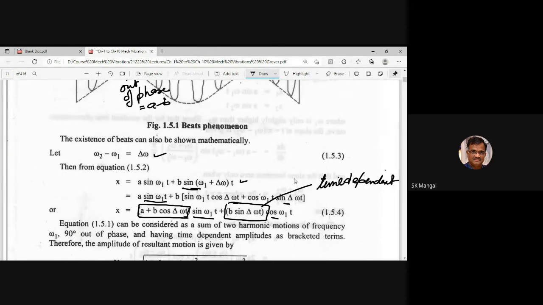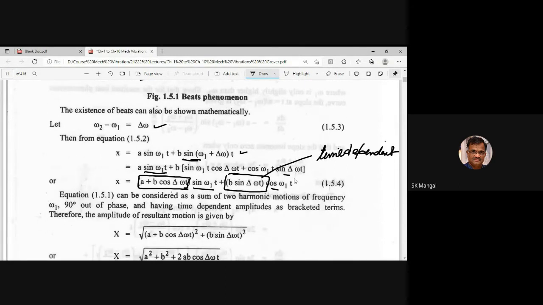So it means they will vary continuously with respect to time, and of these two terms, one has sine omega 1 t and the other has cos omega 1 t, so they are 90 degrees out of phase.